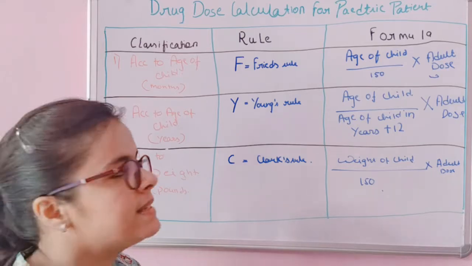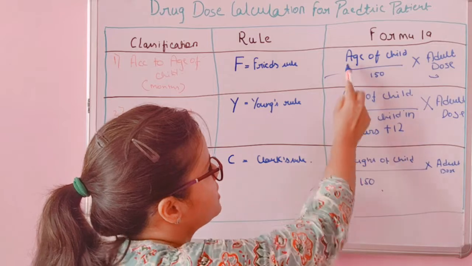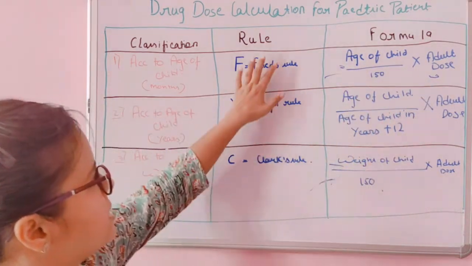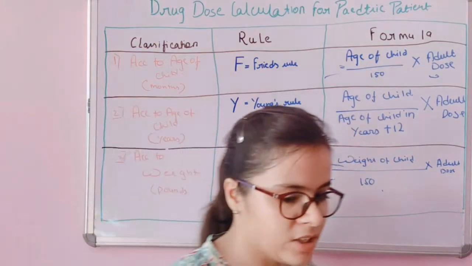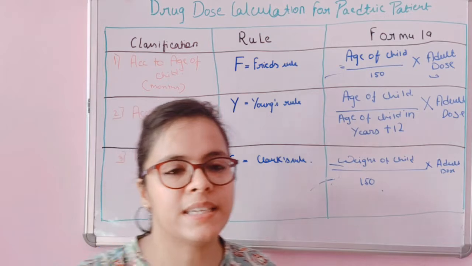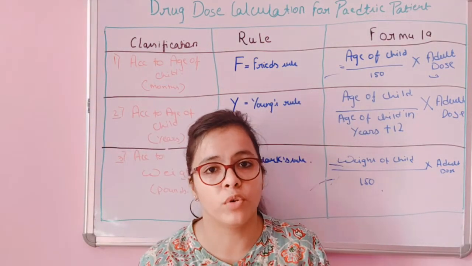To learn this is very simple, as this and this are the same, only the first word is different: here it is age of child, there it is weight of child. So this is the FYC, that is, KYC rule, also known as Fried's rule, Young's rule, Clark's rule. These are the different methods through which you can calculate how much dose is to be given to a pediatric patient.